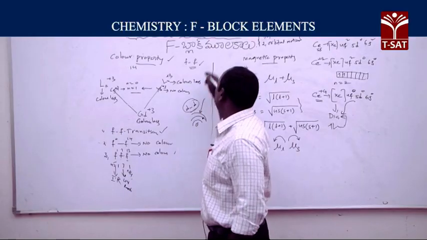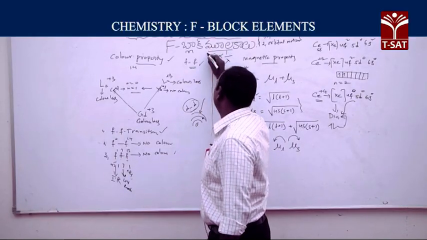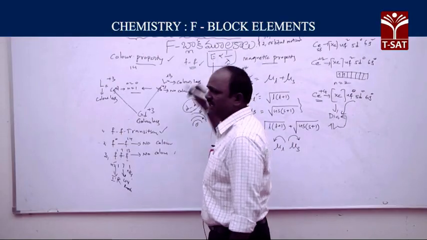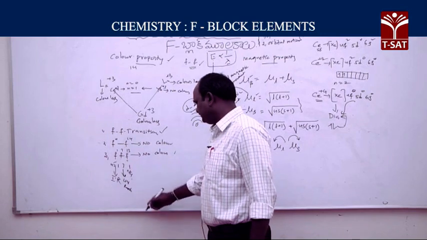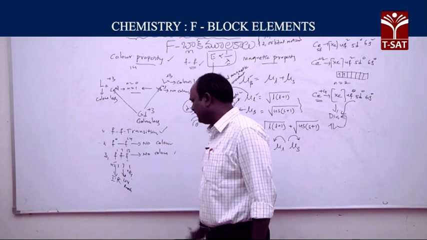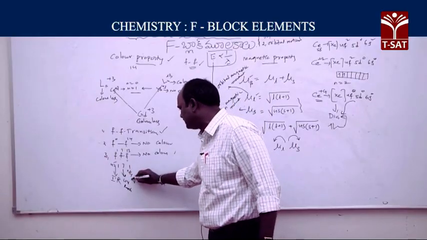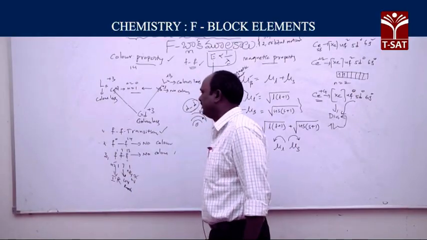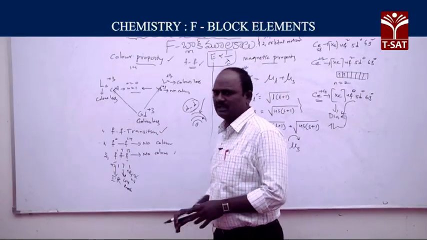You know, energy and wavelength are inversely proportional. If the wavelength increases, energy decreases. Even in the case of f13, only one unpaired electron is there. Therefore, here also due to the absorption of IR radiation, it is not exhibiting the color property. This is the color property of f-block elements.